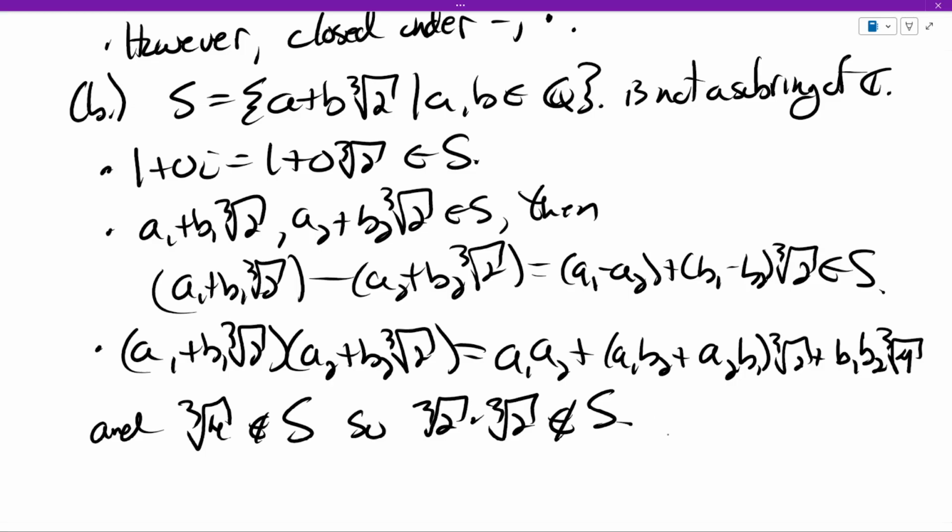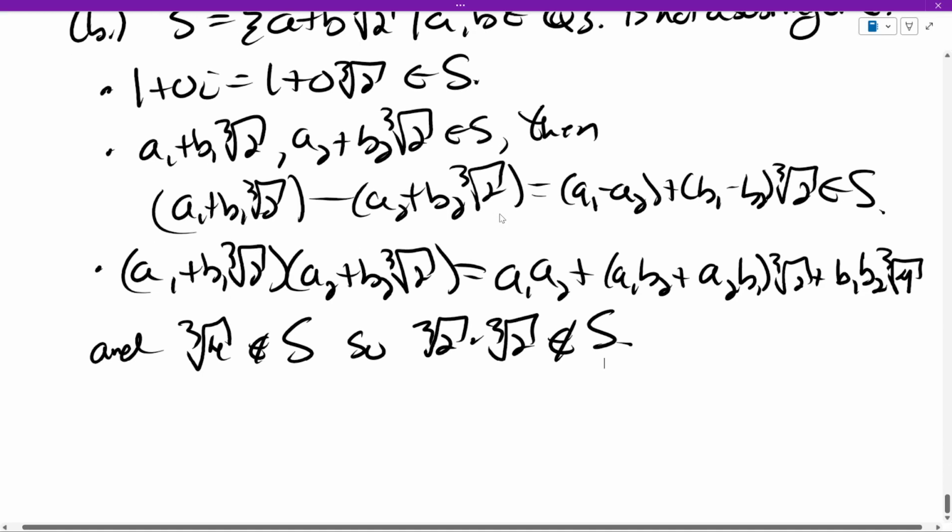But it's one thing to say that, right? It's like, oh, well, the cube root of 4 clearly doesn't look like that. It's a whole different thing to prove that the cube root of 4 is not expressible in that way. And we will get into how to do stuff like that a little bit later.